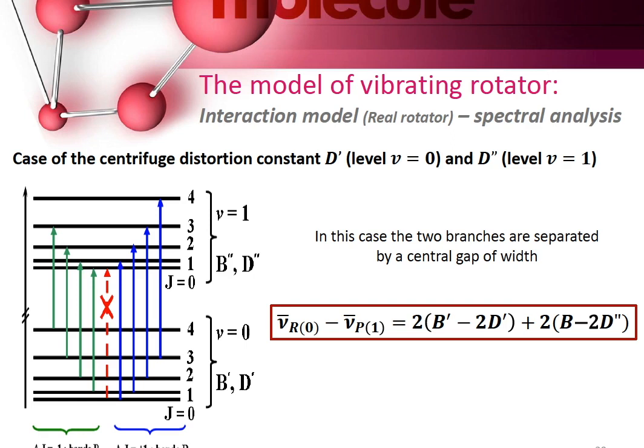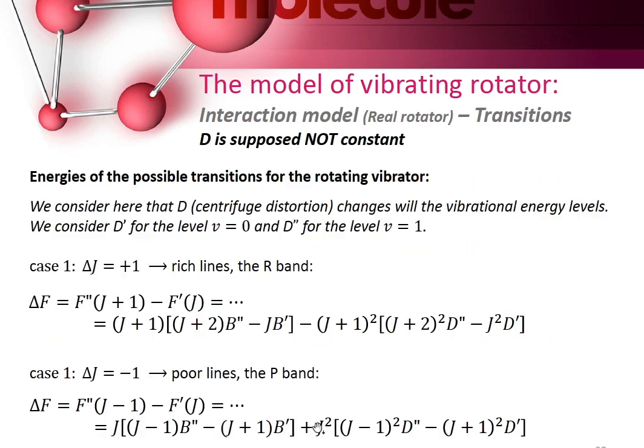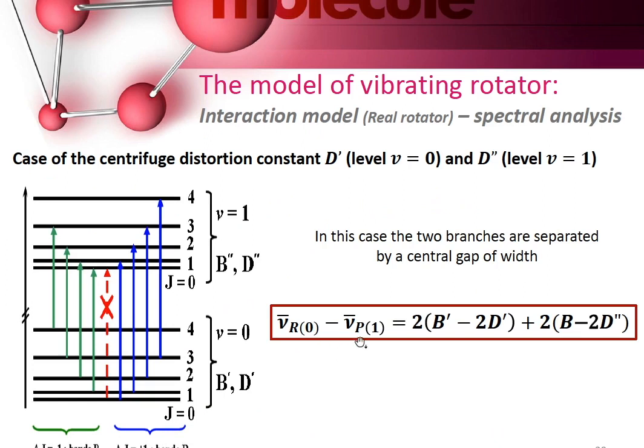In this case, if we take the gap, the first line here and the first line here, you can just calculate them from here. We get into this relation. So the gap now is 2B prime minus 2D prime plus 2B second minus 2D second. This should be B second here.